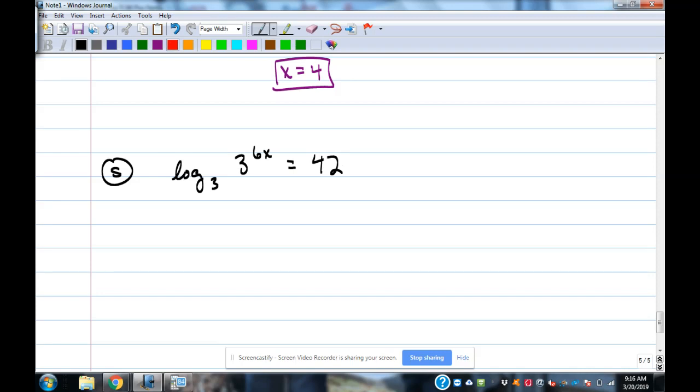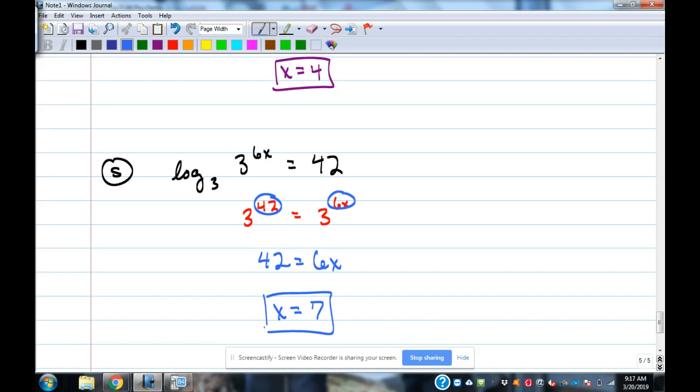We think about that as an exponential. 3 to the 42 is equal to 3 to the 6x, which is exactly what we did yesterday and the day before. Bases are now the same. So 42 is equal to 6x, so x is 7. If I plug that in, I know 3 to the 42nd power is going to be a positive number.